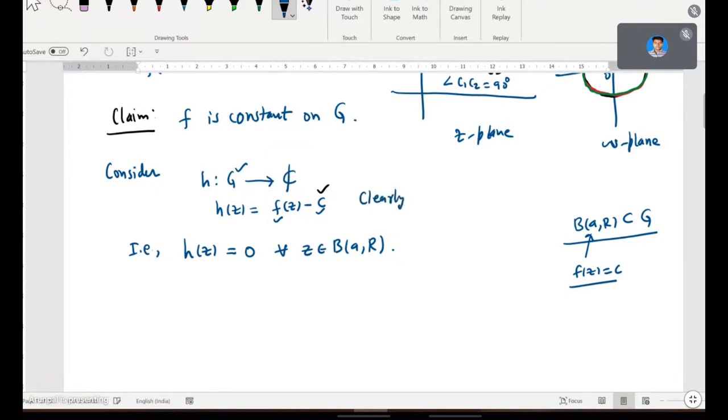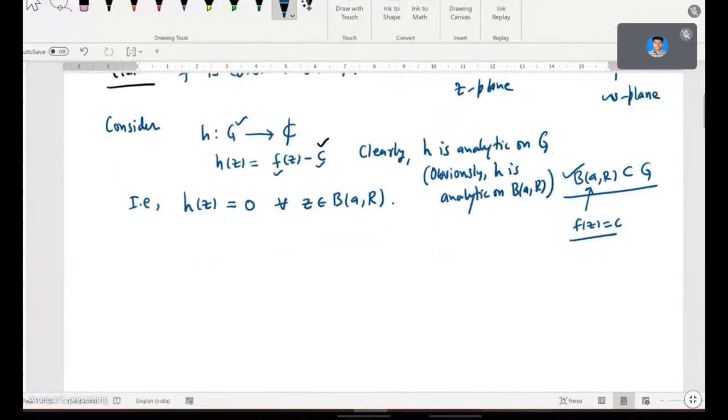So I can write easily that clearly h is analytic on G. And if h is analytic on G, and BAR is contained in G, then obviously h is analytic on BAR, because BAR is just a subset of capital G. Yes, this is trivial.